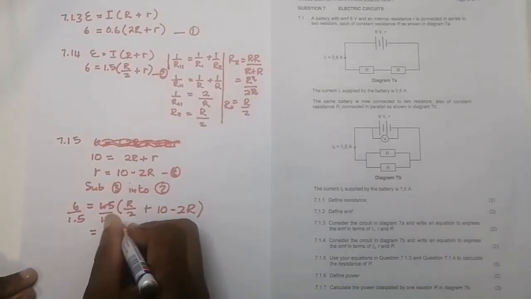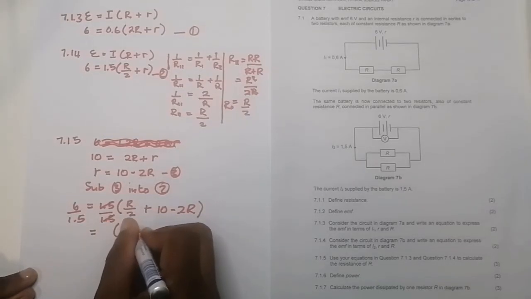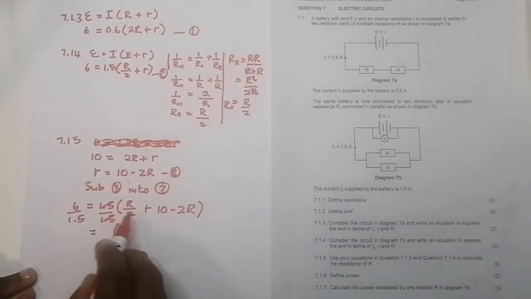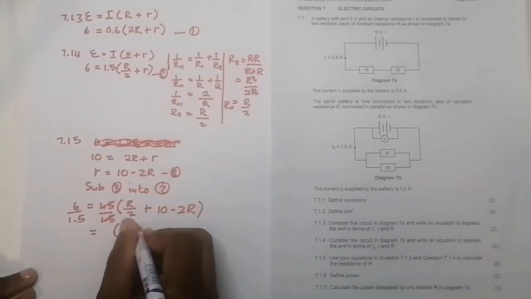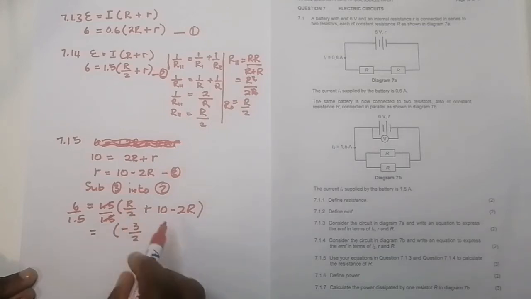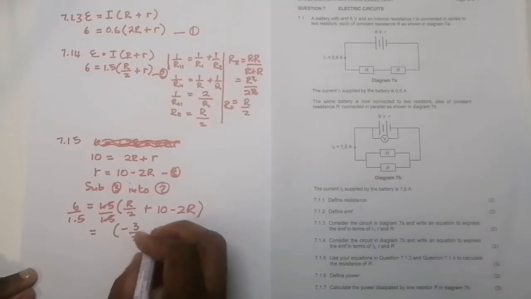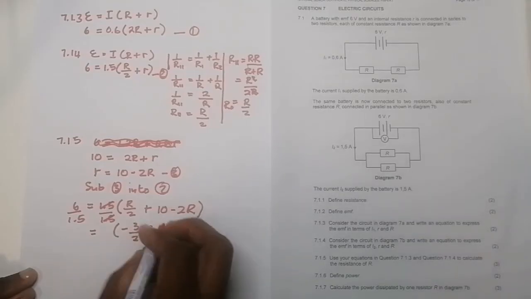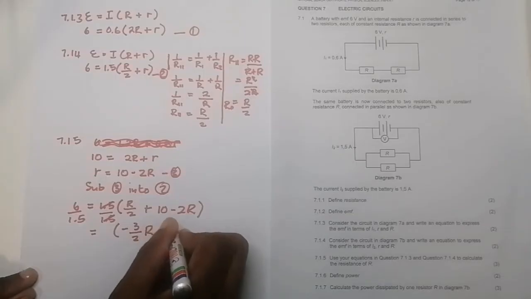that would give me minus 3 over 2R, right? Yeah, you can try that out. So that would give you minus 3 over 2. This is the same as saying a half minus 2, which gives you negative 3 over 2. So minus 3 over 2R plus 10, right?